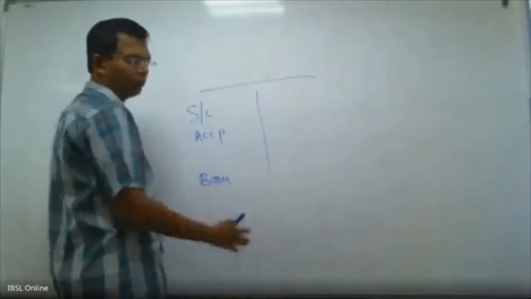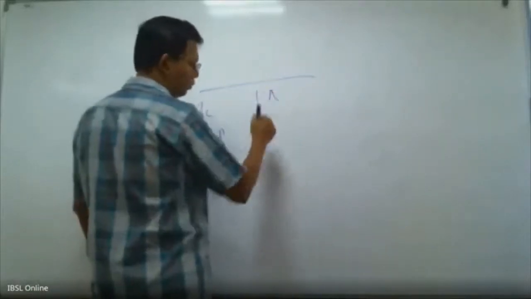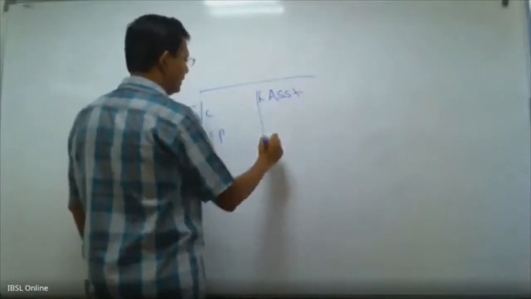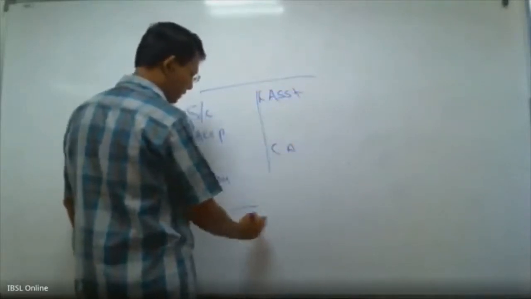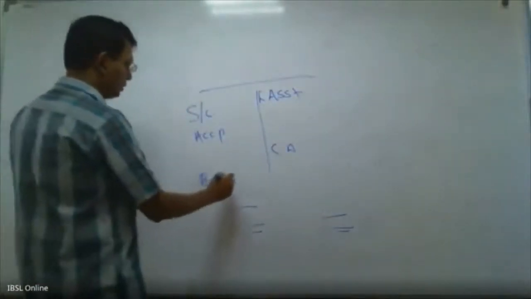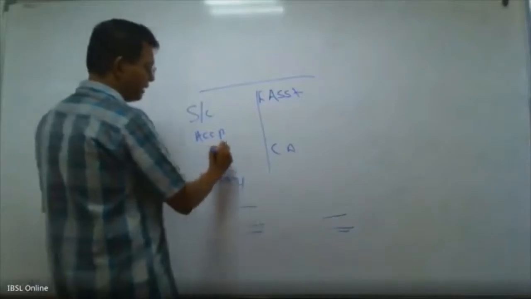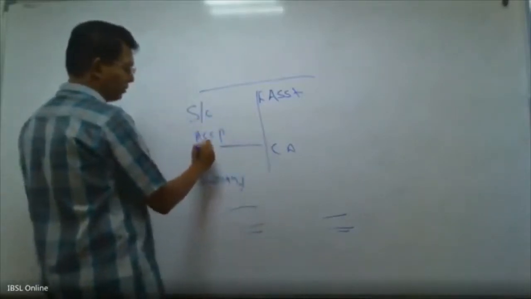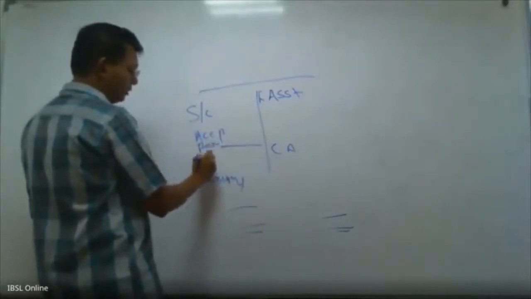Right? Column form. For you to understand, I have taken this type. Here is fixed asset, this is current asset. This is a typical balance sheet, it balances, right? This is borrowings. Now, this is what you call share capital plus accumulated profit or reserves. This is equity.